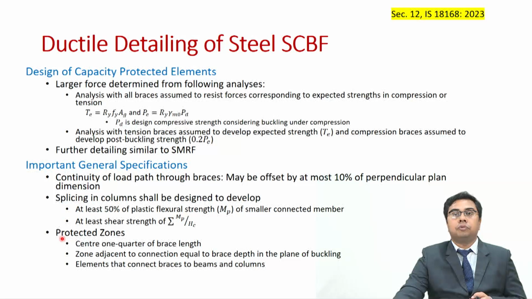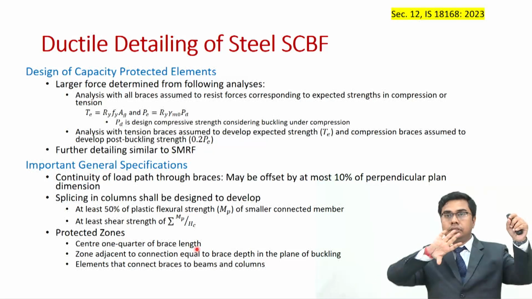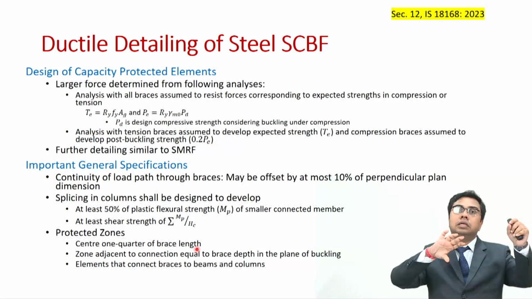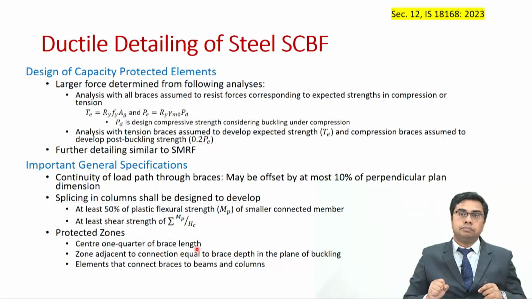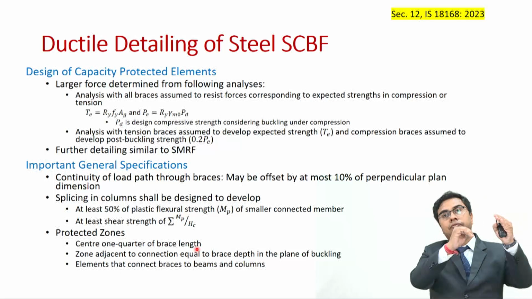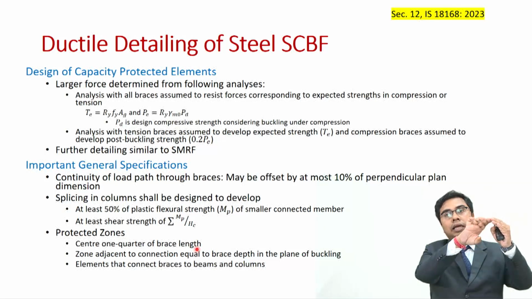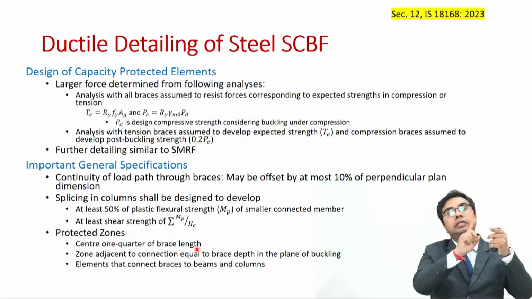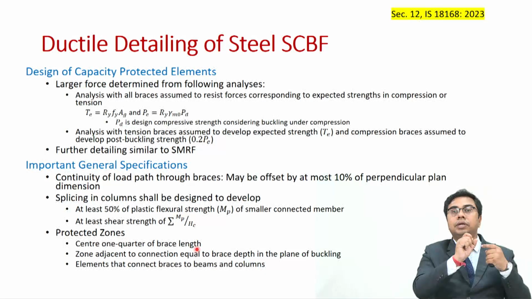Further, there are some protected zones such as the center 1/4 of the brace length. In the diagonal brace the center 1/4 shall be termed as protected zone. Then from the connection end, again a zone adjacent which is having length equal to the brace depth. In our example problem, the brace depth was 100 millimeters.